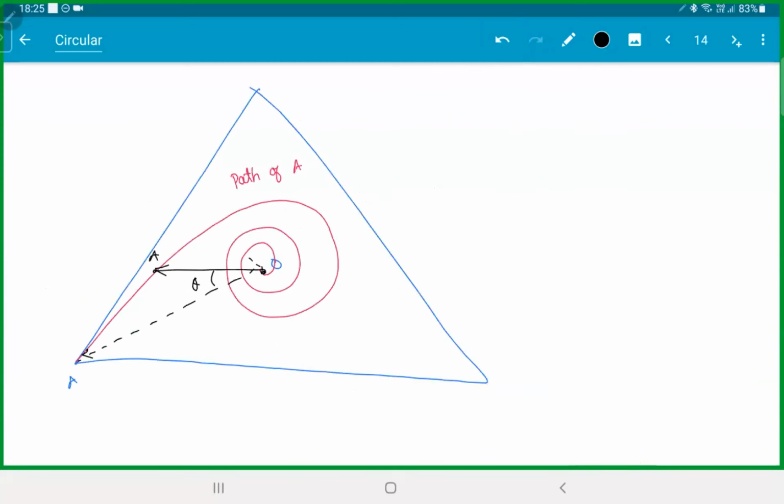Try the hexagon. There are 6 particles chasing each other. In this case, try to find the angle rotated as a function of time t.